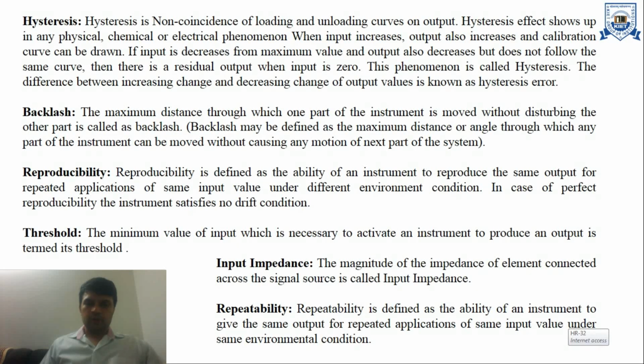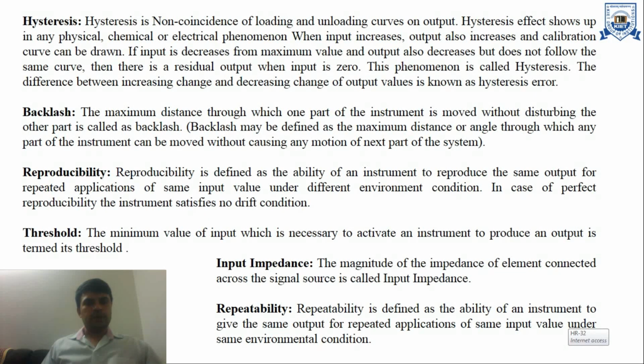Then we have hysteresis. Hysteresis is the non-coincidence of loading and unloading curves on output. Hysteresis effect shows up in any physical, chemical or electrical phenomena. When input increases, output also increases, and a calibration curve can be drawn.